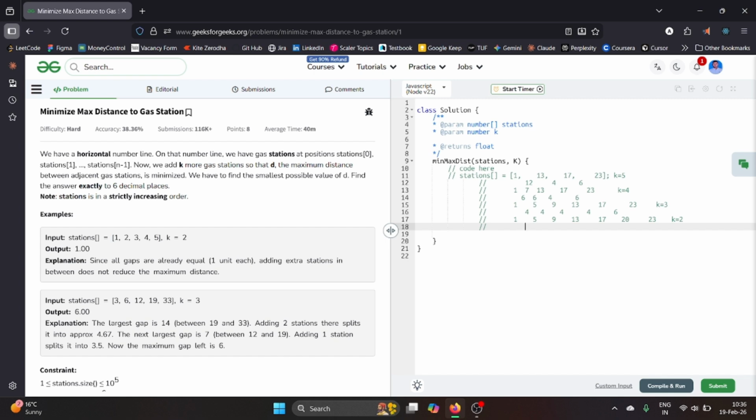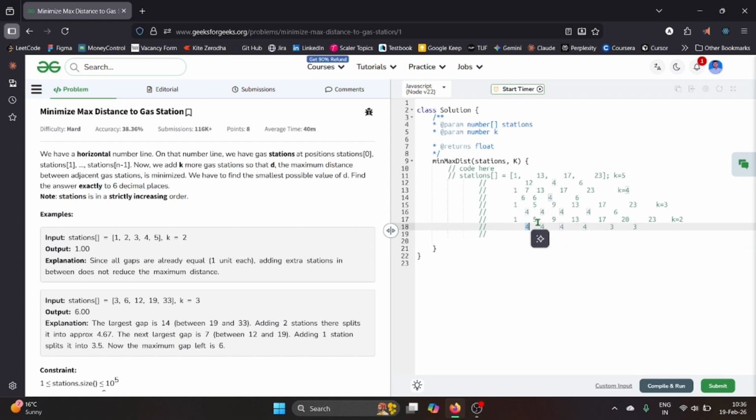The first and second gas stations have a distance of 4. The second and third, and third and fourth, also have a distance of 4. The next one has a distance of 3. So where can we put our new gas stations?